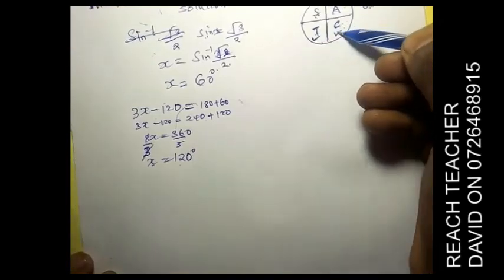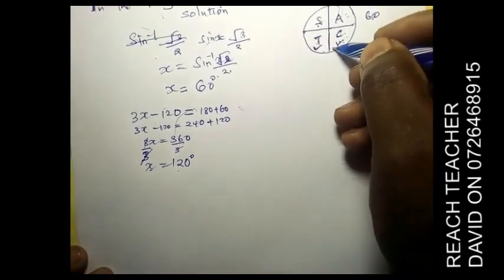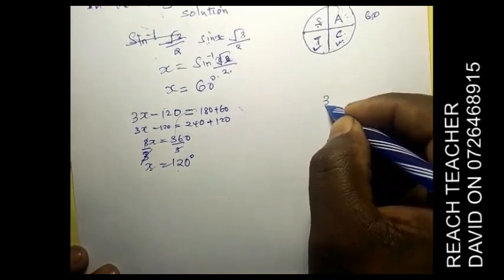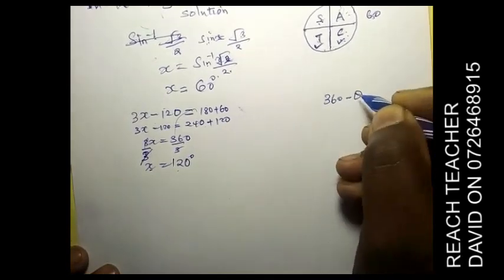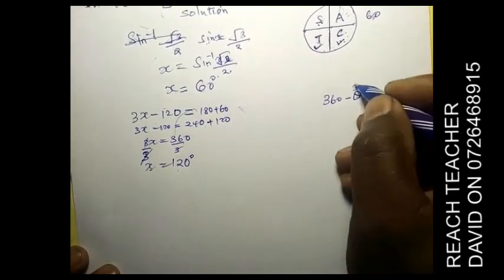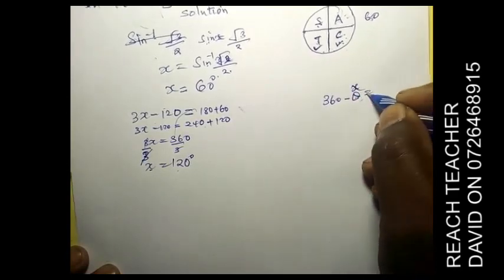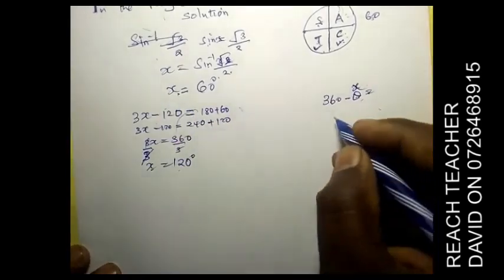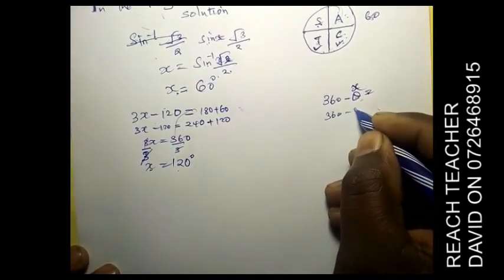What if now we are in the fourth quadrant? How do you get an angle in the fourth quadrant? It is 360 minus theta. Our theta here is 60, remember that? So it is 360 minus 60.